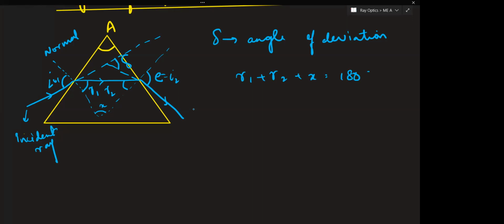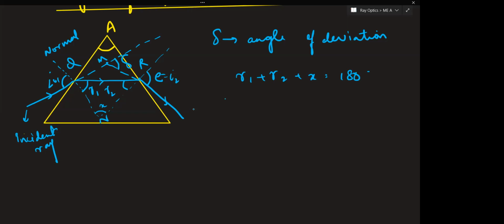Also, I think we have to name these points. Let's name this point N, this point Q, this point R, and this point M. Now look at the quadrilateral that is formed, AQNR.